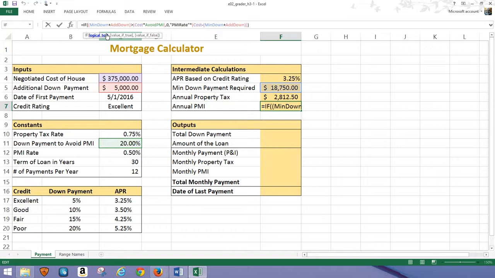Let's close that one. So minimum down plus additional down is greater than cost, avoid PMI in brackets, cost minimum down.